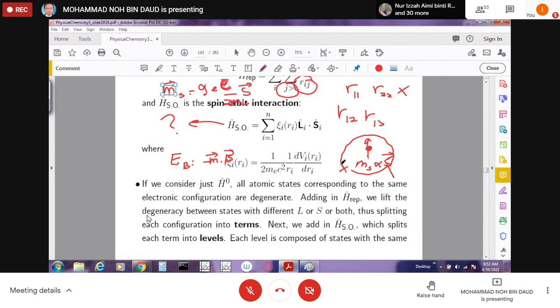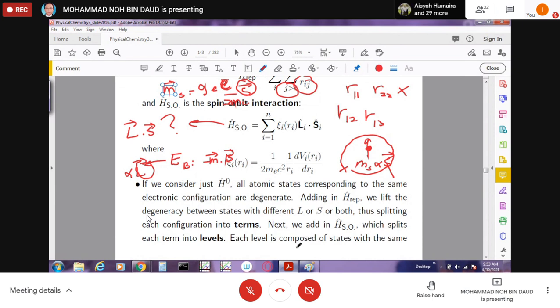And the magnetic field arising from these nuclear motions is proportional to the electron's orbital angular momentum. So for the spin orbit interaction we have these two vectors, S and L. The dot product of these two vectors depends on the relative orientation of the L vector and the S vector.